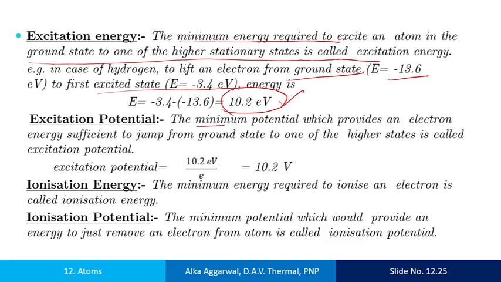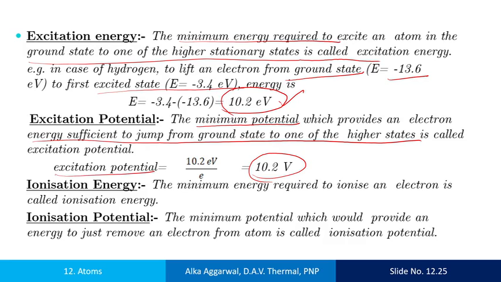Excitation potential is the minimum potential required for an electron to get sufficient energy to jump from the ground state to a higher state. So the minimum potential required by the electron to jump from the first level to the second level is 10.2 volt, and it is called the excitation potential.